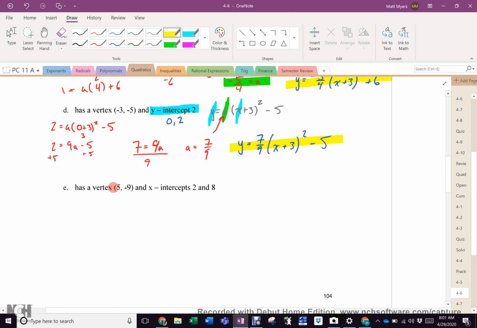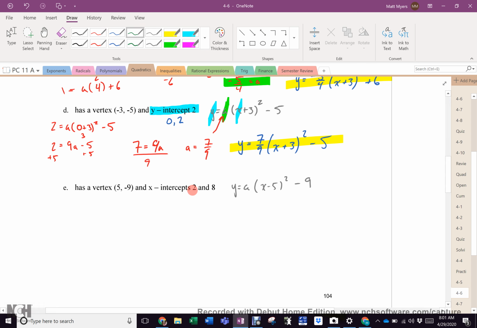Now, this one. I have my vertex again, so I know it's y equals a(x minus 5) squared and minus 9. Now, you could keep going the way we're going, but you don't have to. But in order to keep this simple, today I'm going to do the same way.